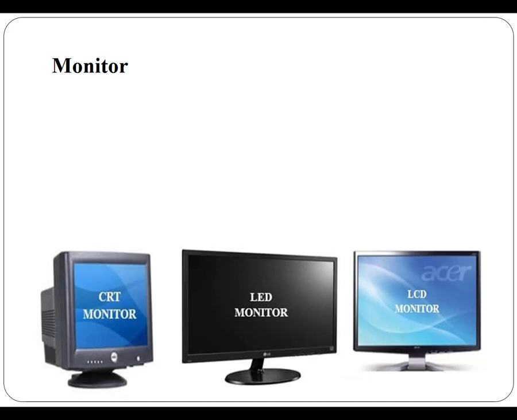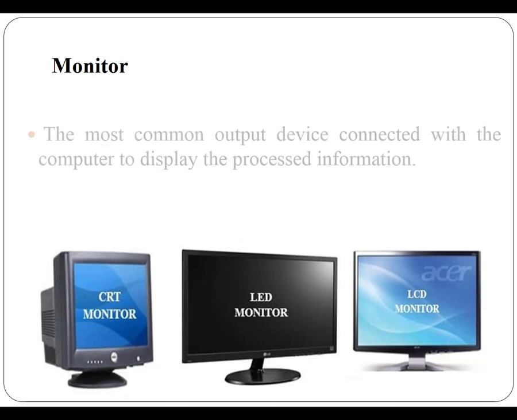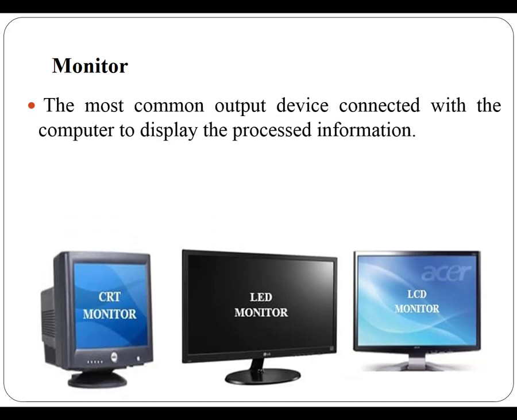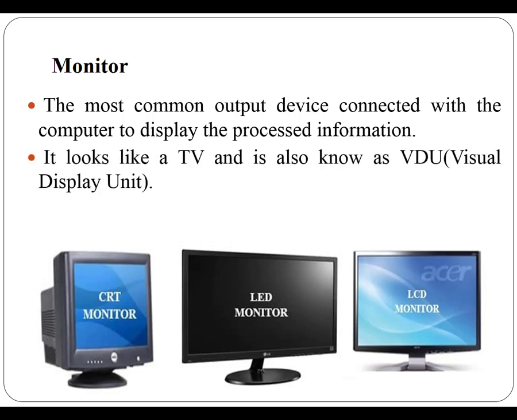The first type of output device is monitor. This is the most common output device connected with the computer to display the processed information. It looks like a TV and also called as VDU, Visual Display Unit. Pictures are displayed by using a large number of very small dots on the screen called as pixel.